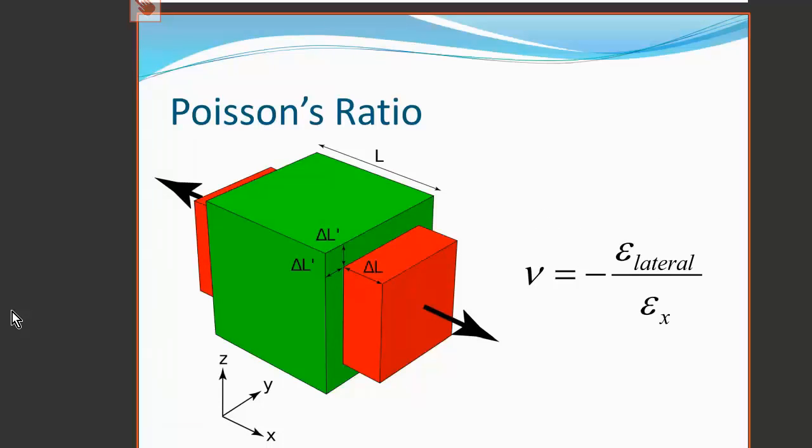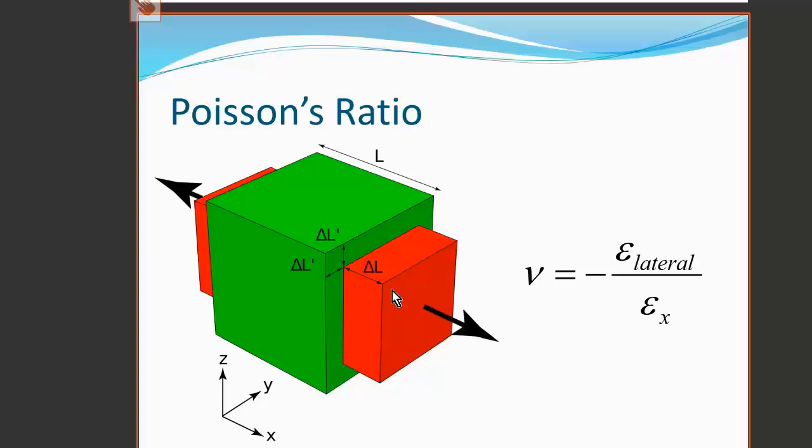When a material is pulled in one direction, it will experience a reduction in size in a lateral direction. So imagine the object started out with the green shape, and then when it was pulled, it is now a prismatic object, but with the cross section shown here in red.